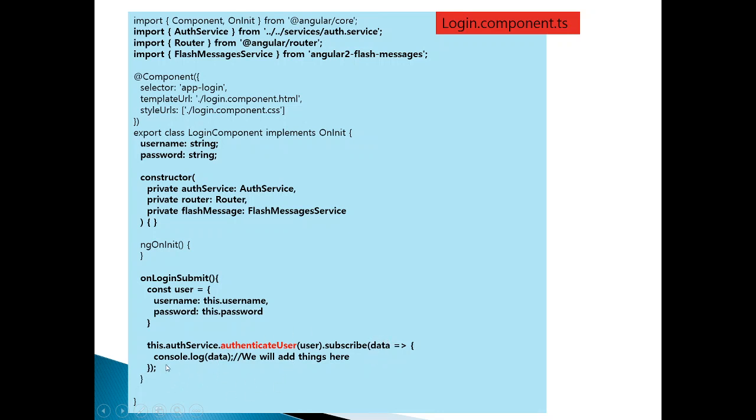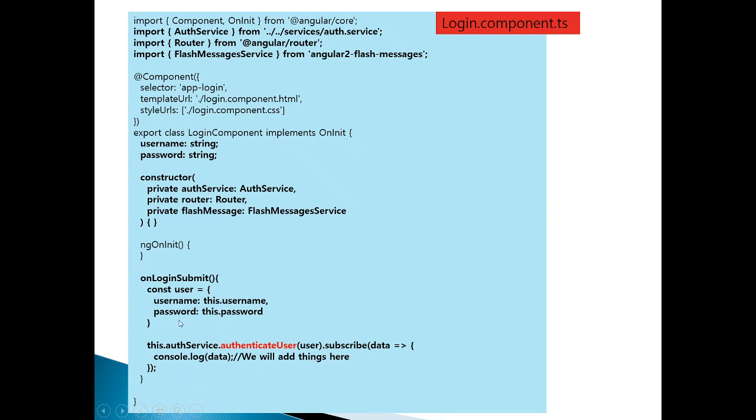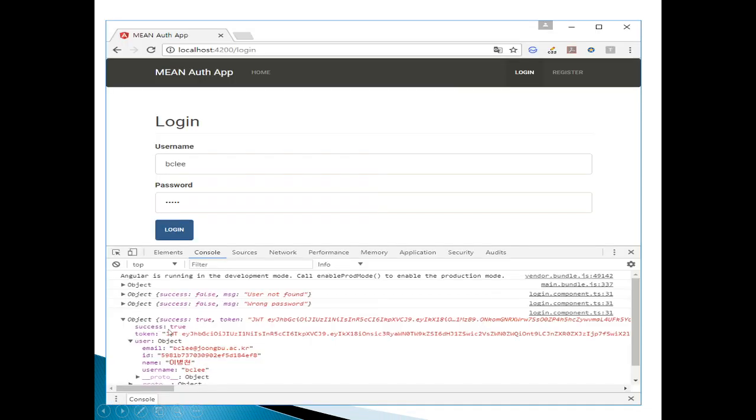First we will see how this data is received. For example, we send this data to the console. We can see in the console that the server has provided success true, the token with the token information, and the email, id and username as the user information. So the server has sent us two pieces of information: one is success with the JWT token, and second is our user information.